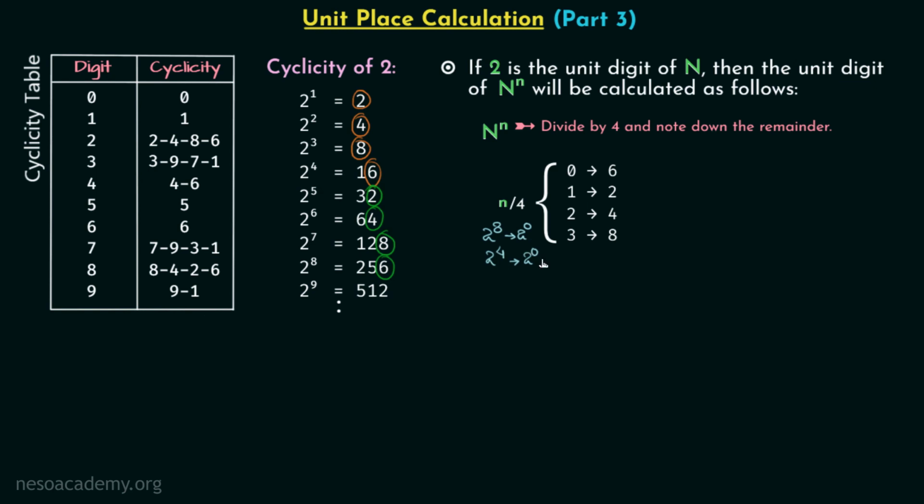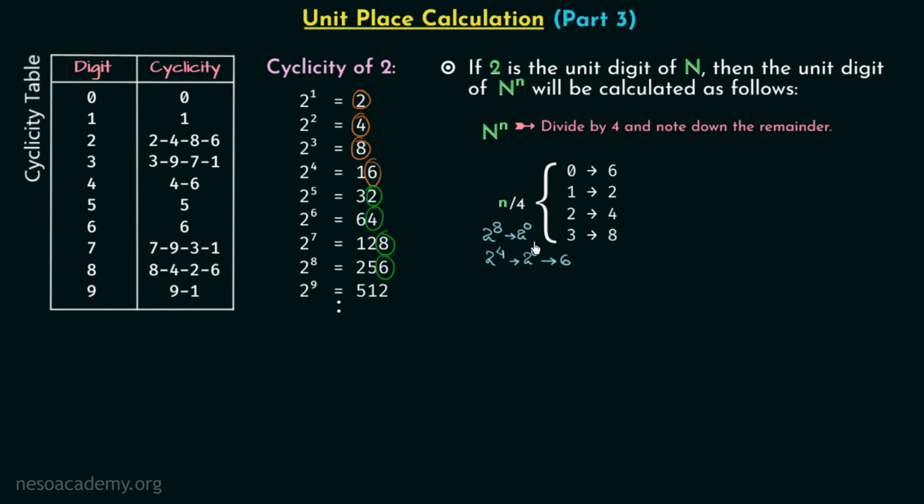Therefore, 2 power 0 does not mean we will have 1. It means we will have 6 at the unit place. Similarly, 2 power 8, which results in 2 power 0, will also have 6 at its unit place. This 0 is not the actual power we have initially.